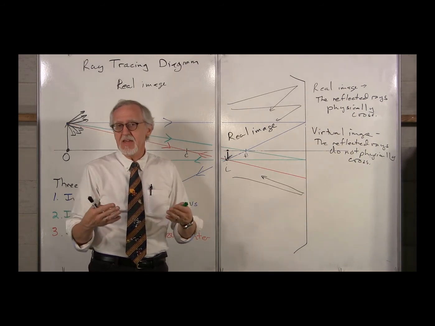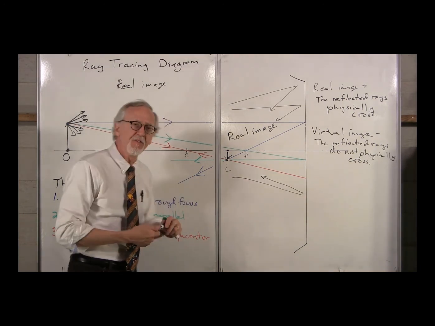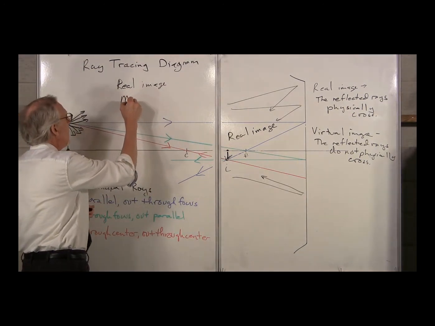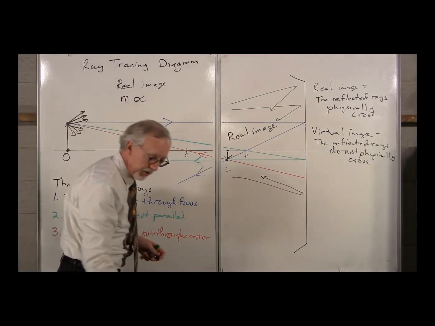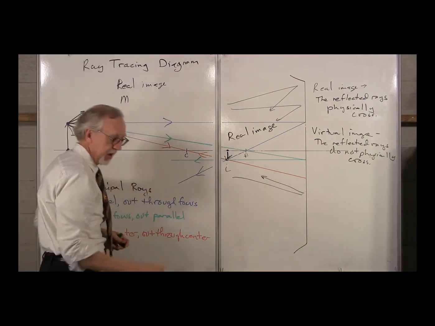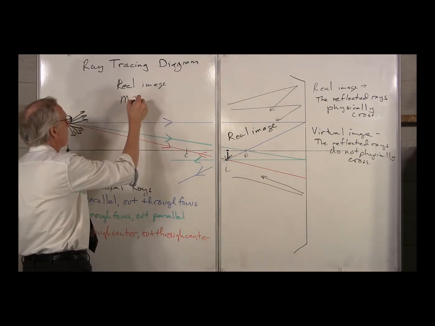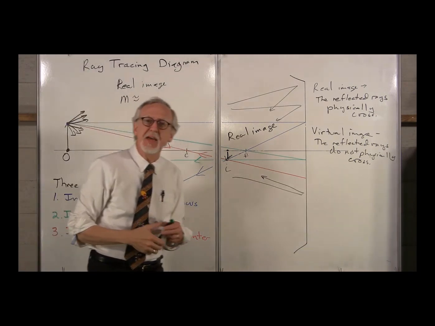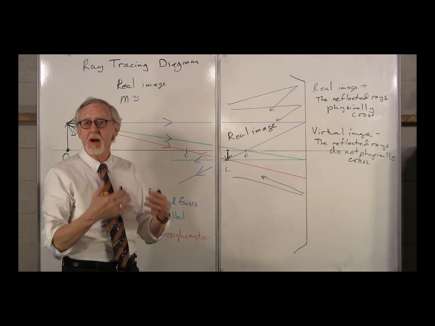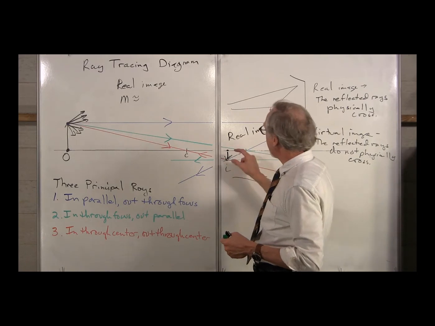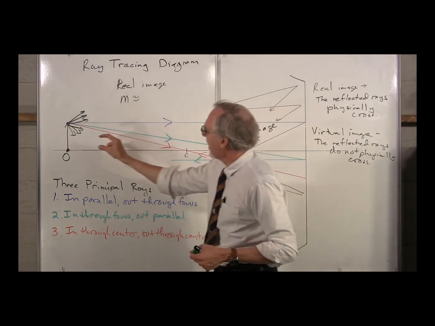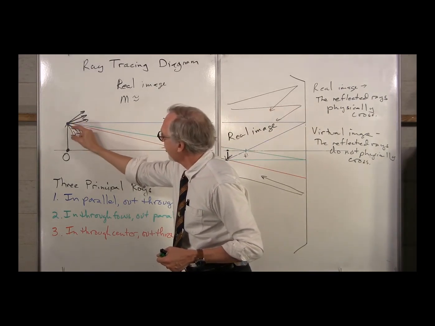How big is the image? In other words, what's the magnification? The magnification, in this case, from our diagram, not proportional to, we'll say approximately. What is the magnification approximately? That is a comparison of the size of the image to the size of the object. Well, in this case, our image looks like it's maybe a third or a half.